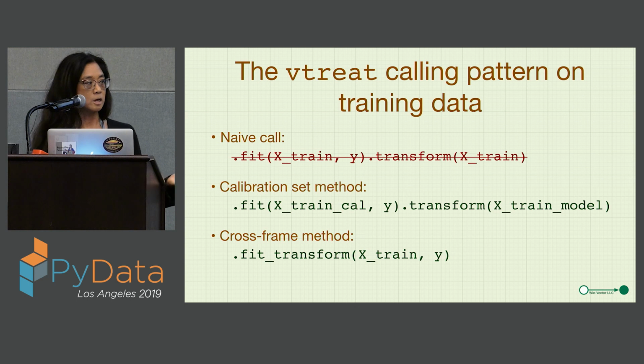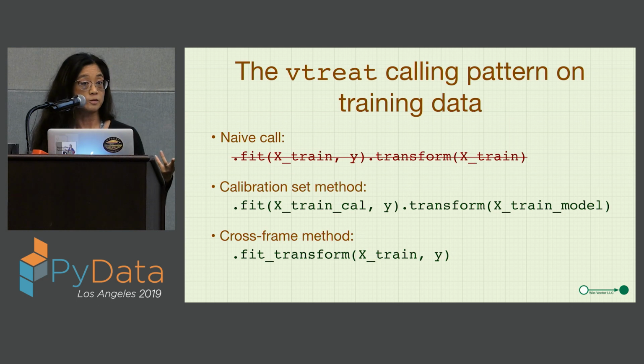Okay, trying to implement this cross-validation can be a little bit of a hassle, so luckily vtreat will do it for you. You can use vtreat either with a calibration and training set method or with the cross-frame method. If you have enough data to split into a calibration set and a training set, then you fit your vtreat treatment plan on the calibration set, and then use that plan to transform your training set, and then that treated data is what you use to train your downstream model.